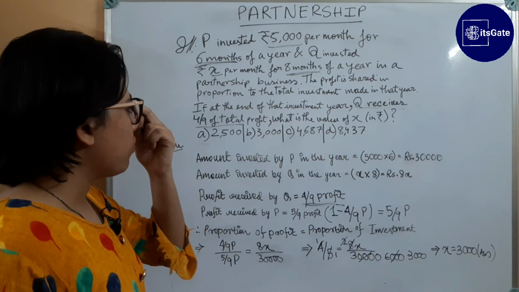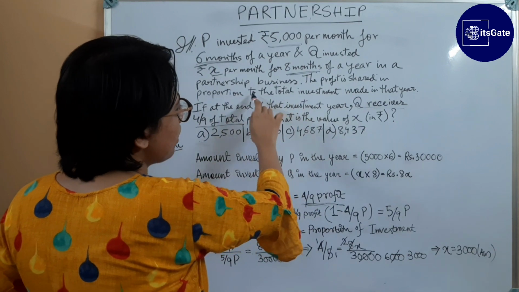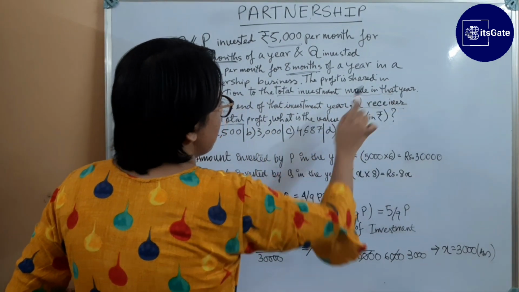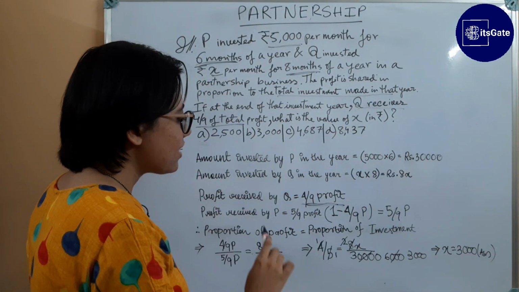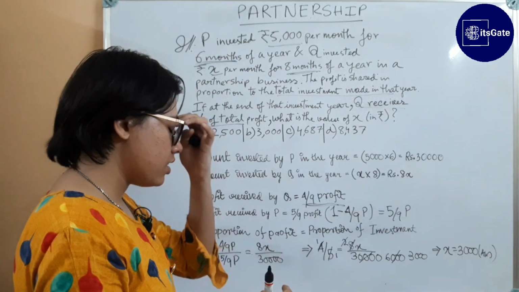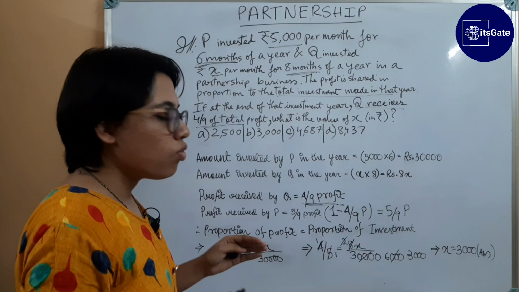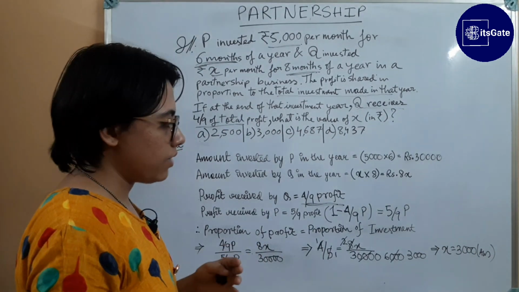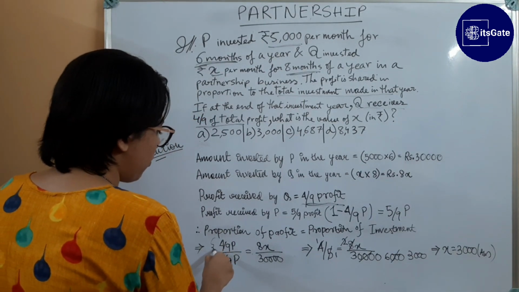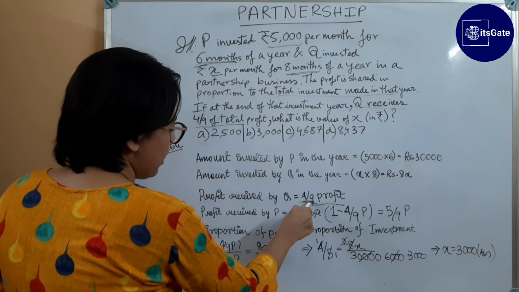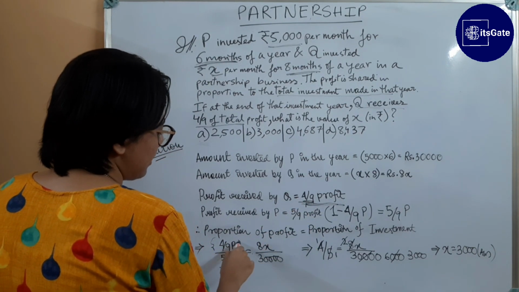Now we were given that the profit is shared in proportion to the total investment made in that year. This line means that the proportion of profit is equal to the proportion of investment. Means the amount of profit that will be received by P or Q will be in proportion to the investment that they have done in that year. So here we have the amount of profit by Q is 4/9 and the amount of profit by P is 5/9 of the profit.